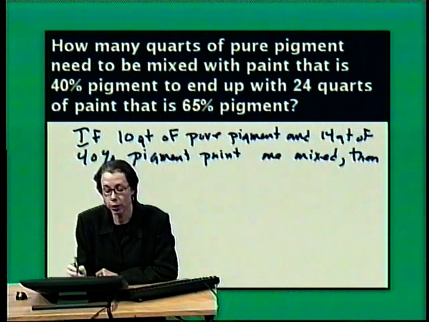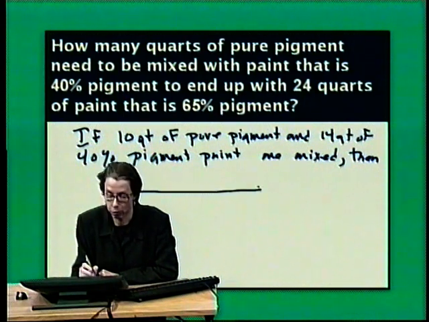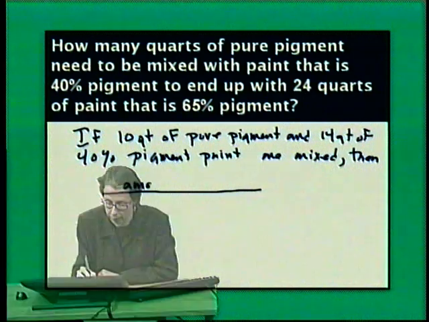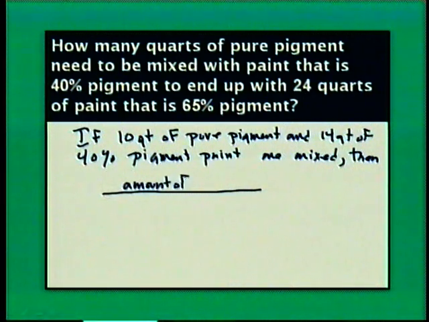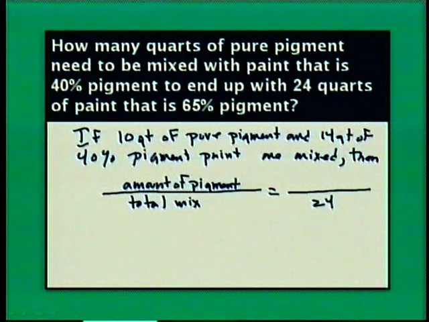So what I'm going to look at is the ratio of the amount of pigment in the mix over the amount of the mix, the total mix. So let's calculate the amount of pigment in the mix. We know we have 24 quarts in the total mix.